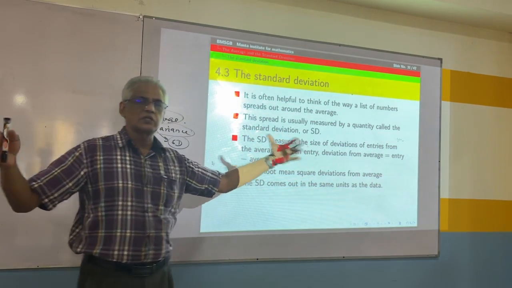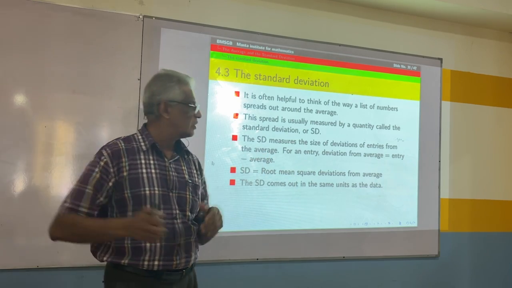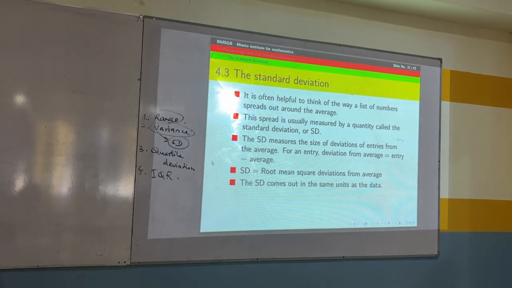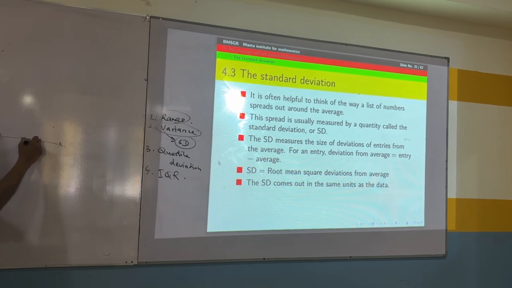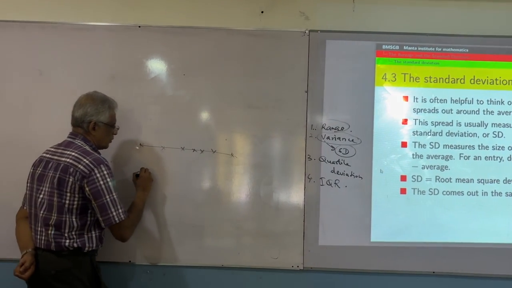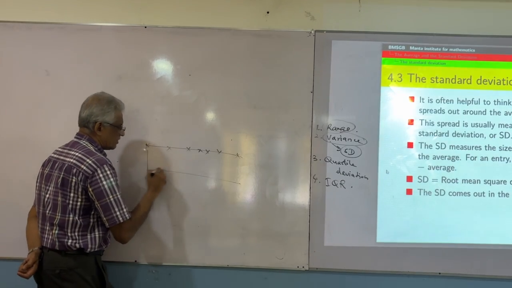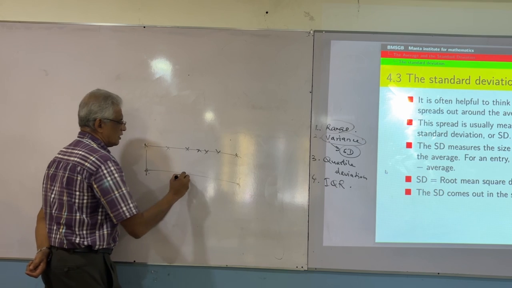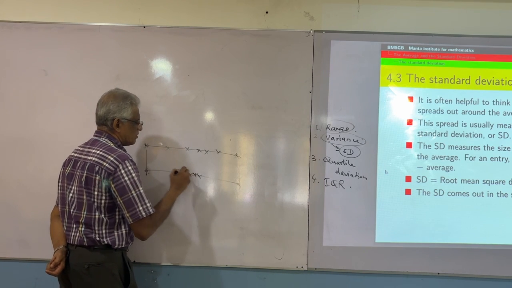It uses only the maximum and the minimum. So for a data set actually you might have a data set like this. Minimum may be here, some maximum may be here. So maybe the data are spread like this. Or you may have another data set with the same minimum, with the same maximum. But all the other data may be somewhere there.